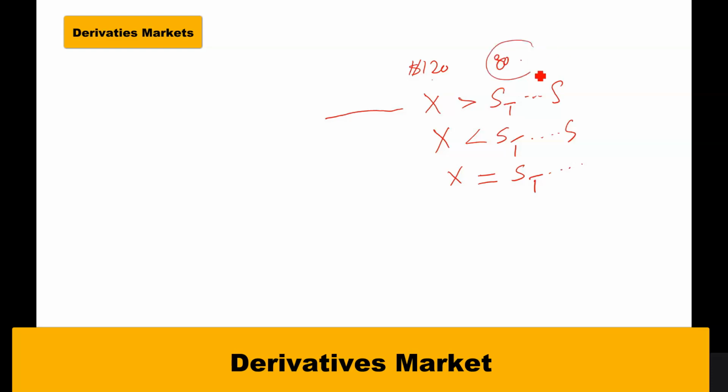That is, the spot price in the market is less than the exercise price. Will you exercise your call option? Will you be willing to buy Apple's share for 120 that you can purchase in the spot market for 80? No, you will not be exercising your right. So in such a case, whenever the call option has exercise price greater than the spot price, we call it out of money.